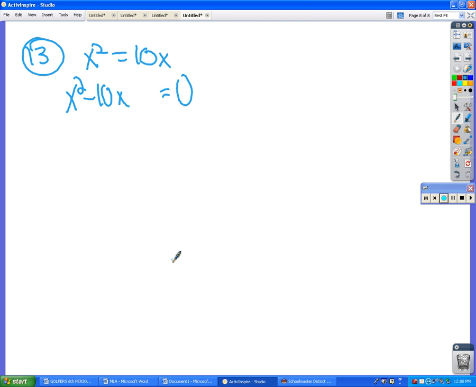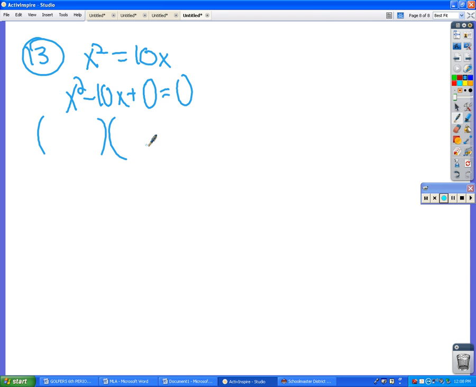Number 13 is not. So what do I have to do with this first? Get everything over on the left-hand side. Now I'm going to be kind of weird with this. This is really x squared minus 10x plus 0.